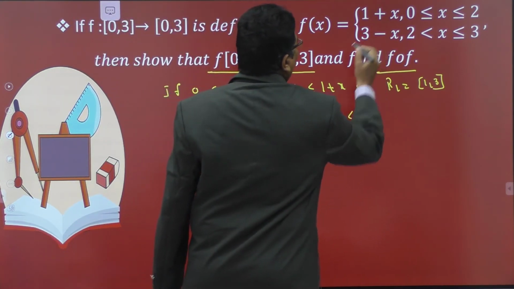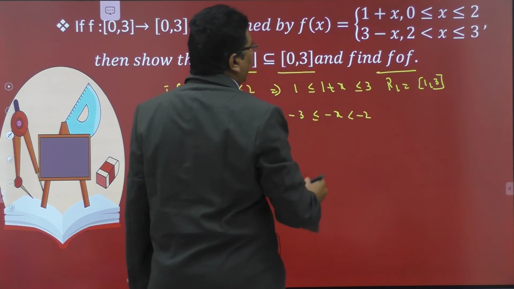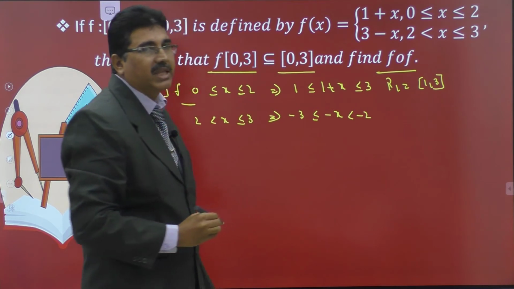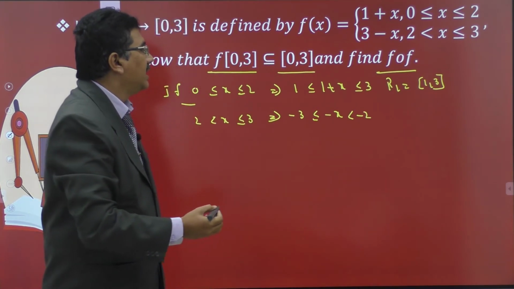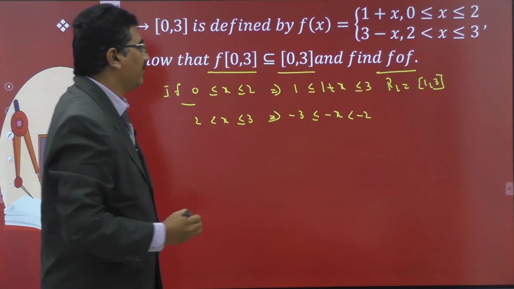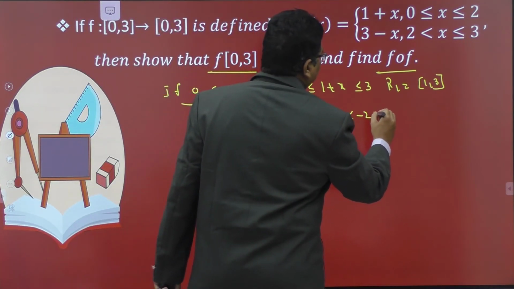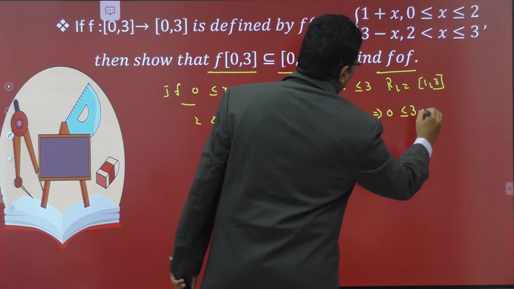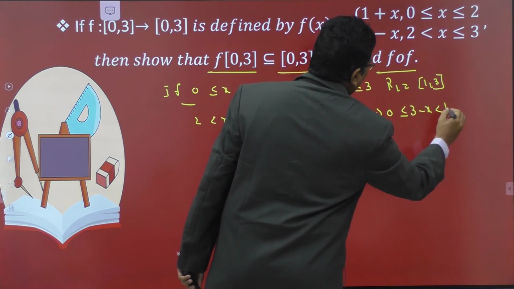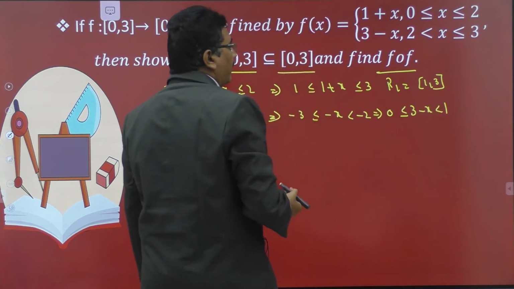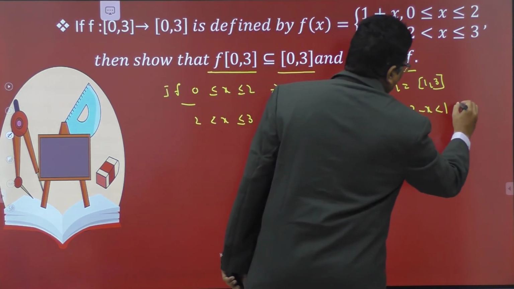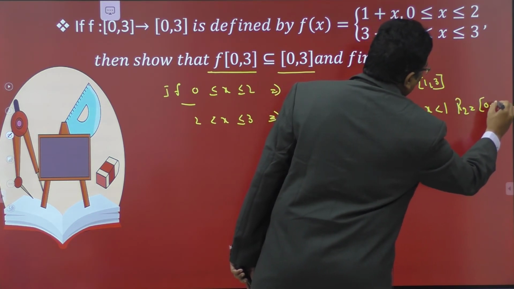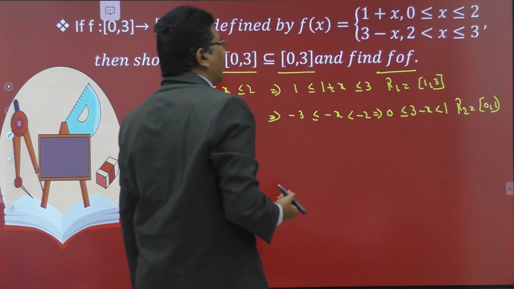Now we want the range of 3 minus x, so add 3 to this inequality. We get 3 minus 3, 0, less than or equal to 3 minus x less than 3 minus 2, 1. From this, R2 is equal to the interval [0, 1). Right.